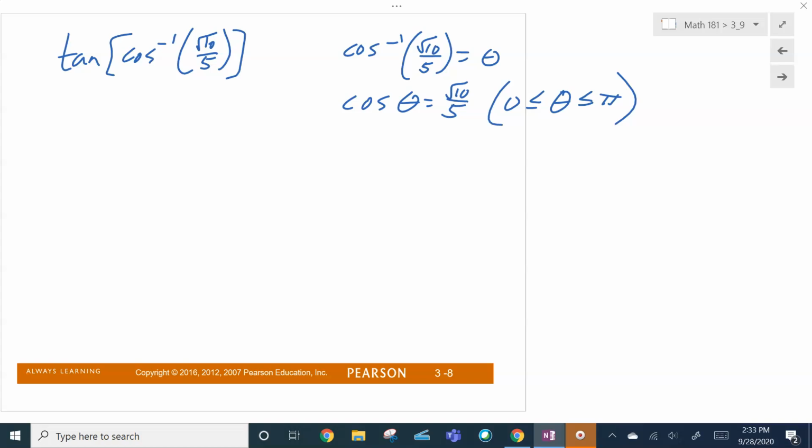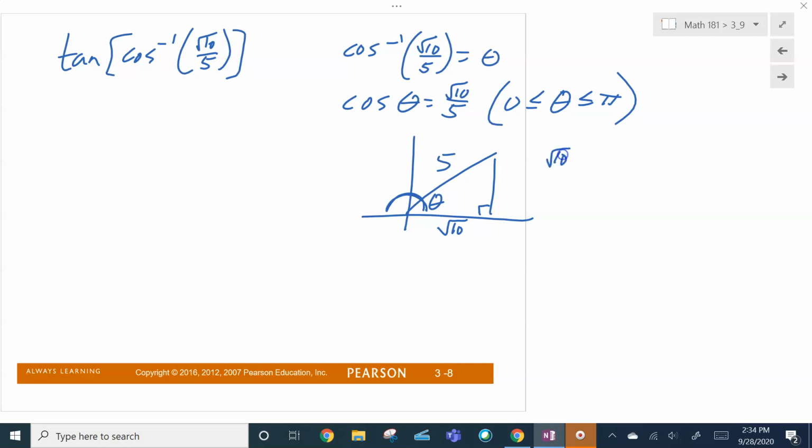So if the cosine is positive, it's somewhere between 0 and pi, but since the cosine is positive, theta has got to be in quadrant 1. And since cosine is adjacent over hypotenuse, we can fill out the triangle, use that reference angle theta, and solve for the remaining side.